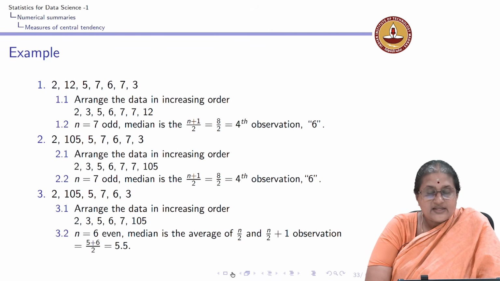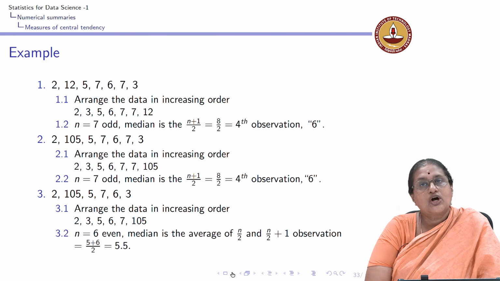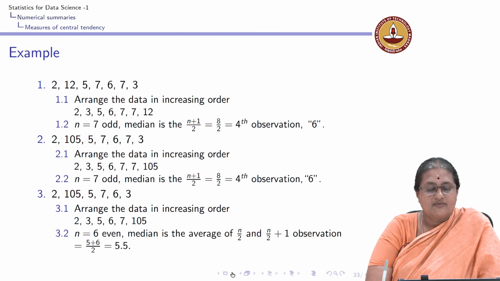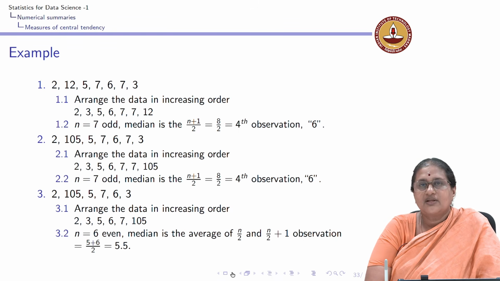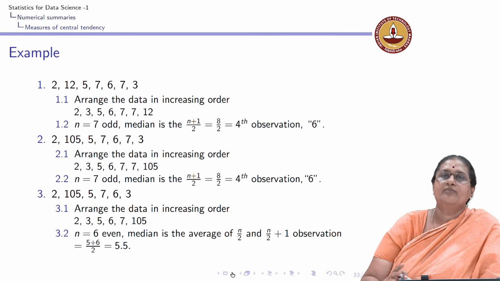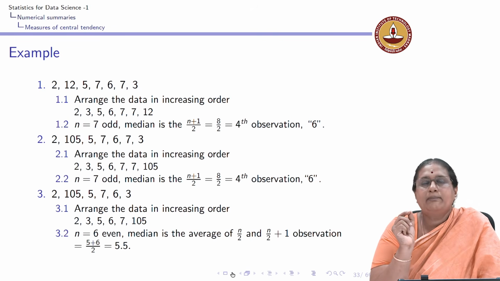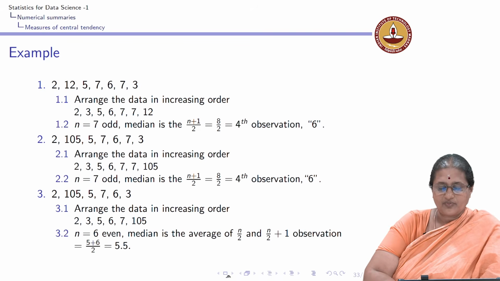Notice that this 5.5 is not a member of the data set. So the median need not belong to the data set, whereas for the first two data sets the median was a member, because we were looking at a particular observation, whereas here I am not.